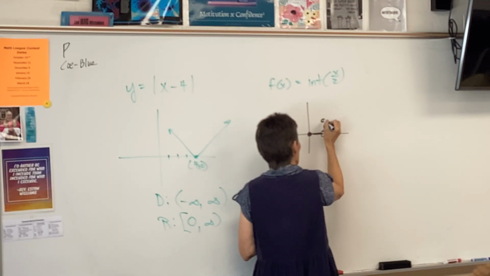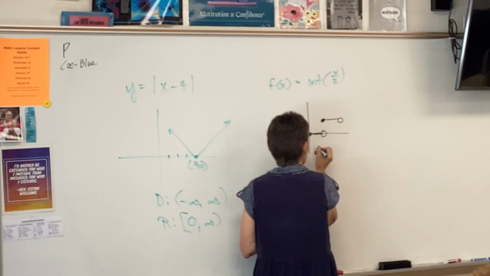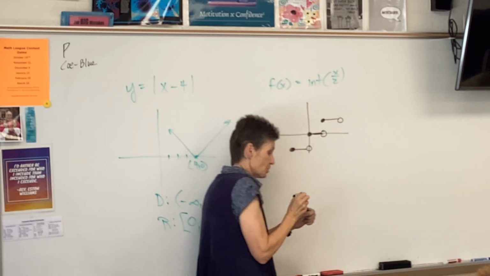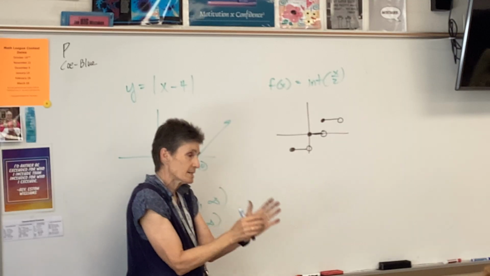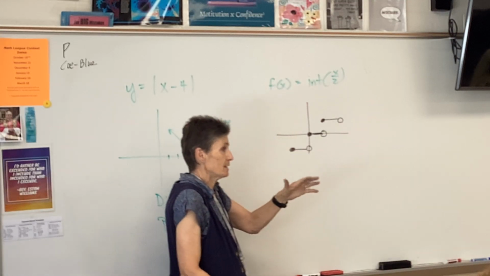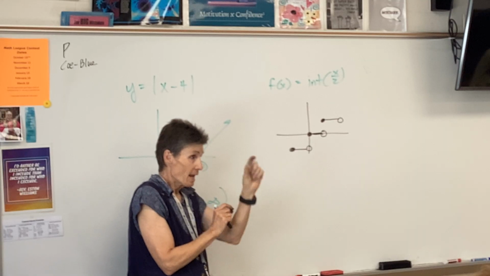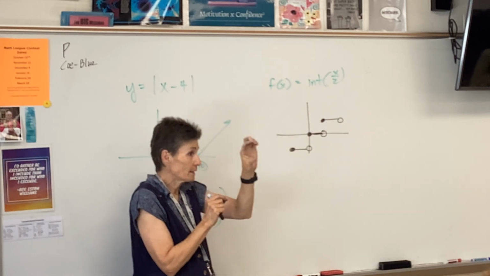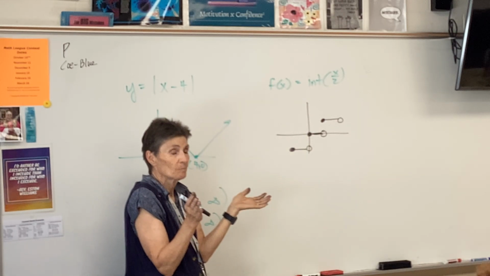And then up 1, solid dot, over 1, open dot. Does everybody remember that? The thing about the basic greatest integer is the steps are 1 unit long and 1 unit apart. So it's over 1, up 1, over 1, up 1. That's how it looks.